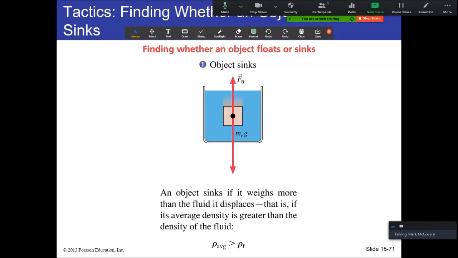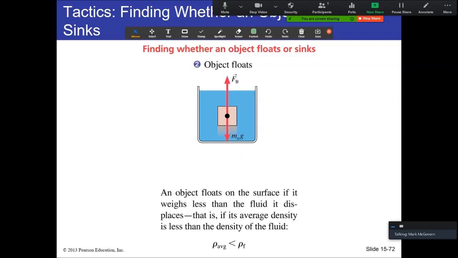Well, as you can already see from our discussions here, it's a matter of density. An object will sink if the volume of water that it displaces weighs less than the mass of the object. And the volumes are the same if you're submerged, so this is really a matter of densities. If the density is greater than the density of the fluid, it will sink.